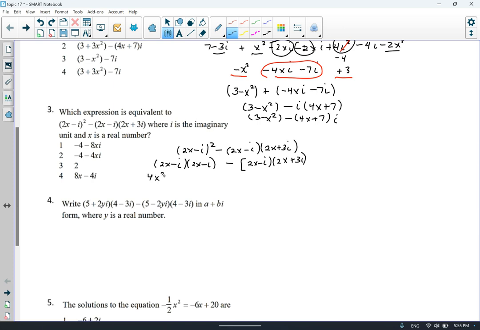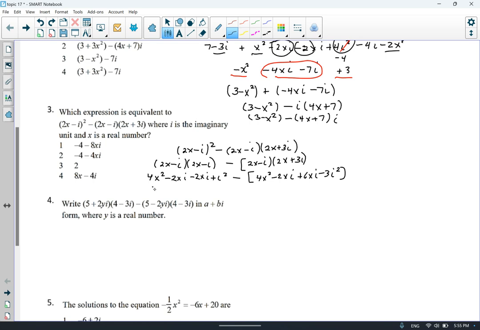So this is 4x squared minus 2xi minus 2xi plus I squared minus, now we're going to multiply that out, 4x squared minus 2xi plus 6xi minus 3i squared.